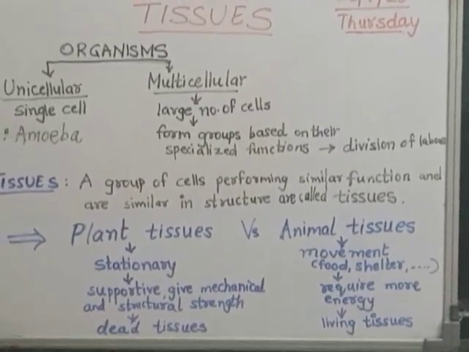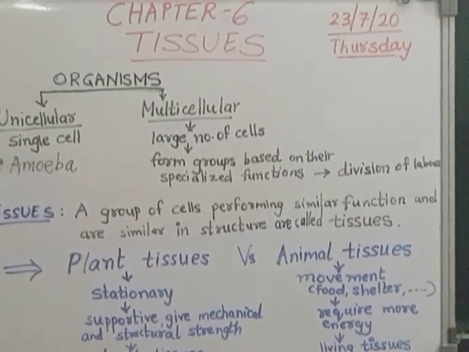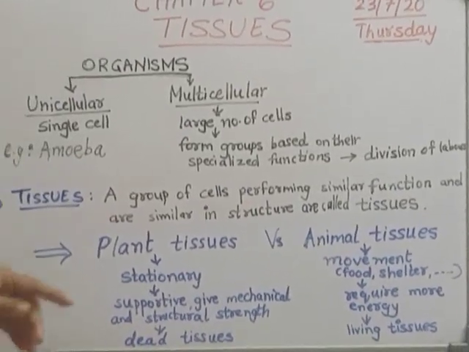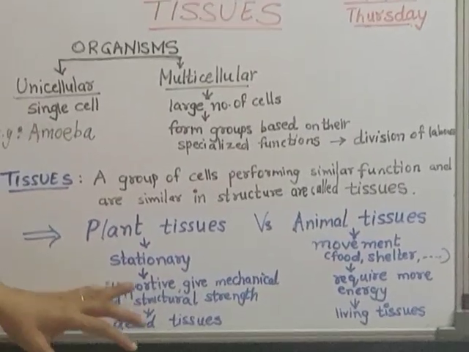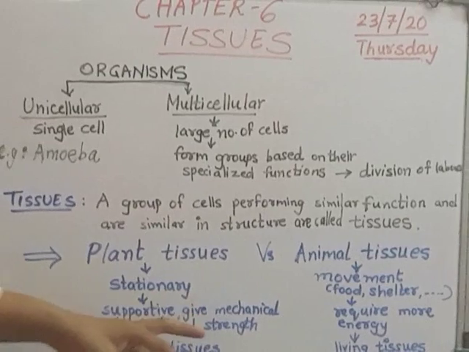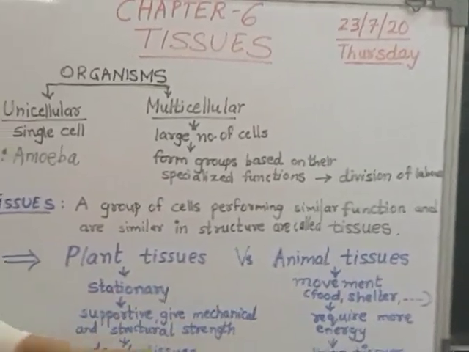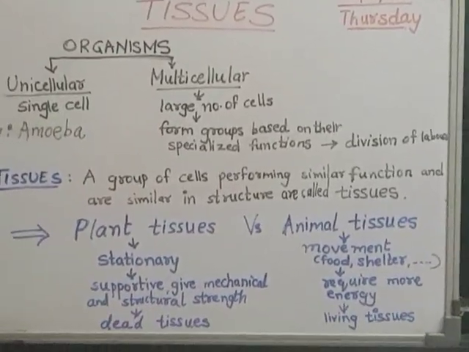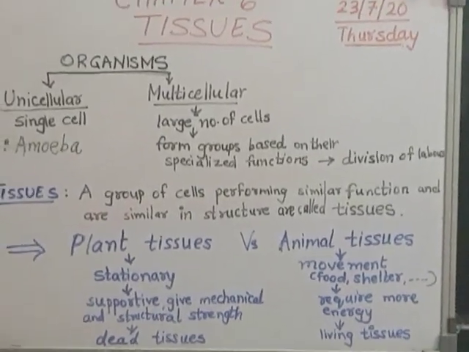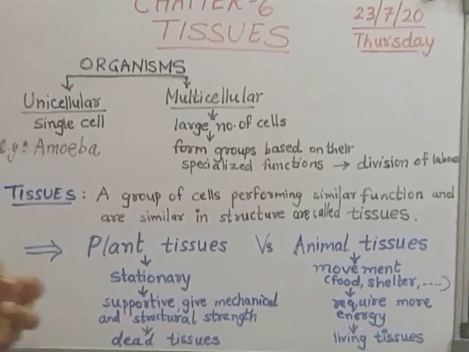They stay at one place because their growth is in terms of size. So their tissues are supportive and their tissues give mechanical and structural strength to the plant.